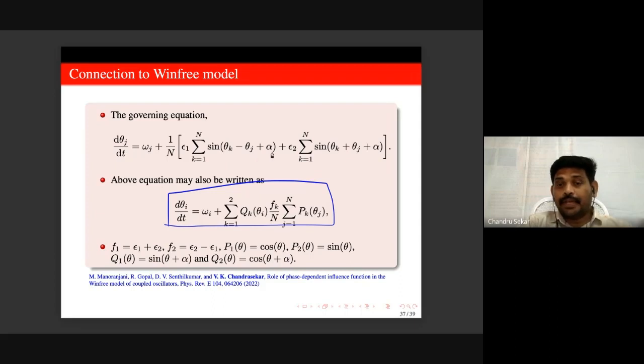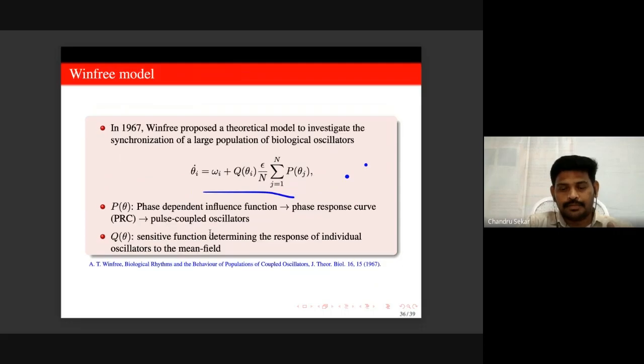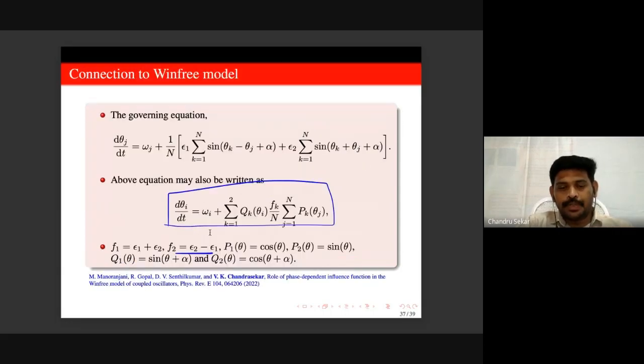But if epsilon 1 equals epsilon 2, you see that F2 goes to 0, which looks similar to a Kuramoto model. But if epsilon 2 is not equal to epsilon 1, we have two sensitivity functions and a phase dependent function. So that's why we call this a variant of the Winfree model.